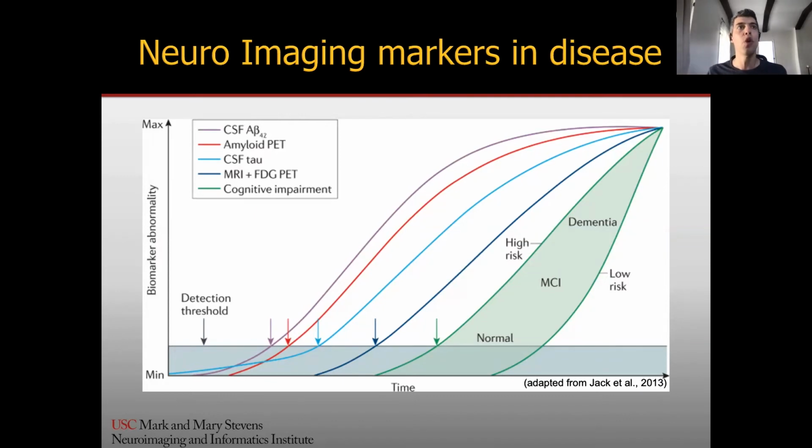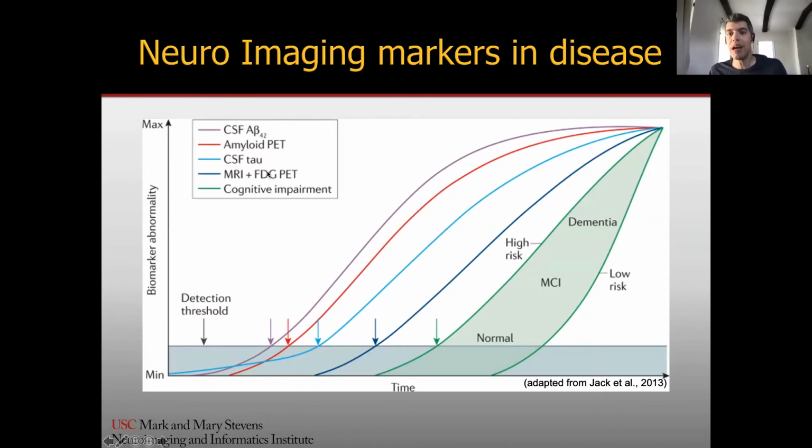I'm not going to go into all of the details of this rather complicated diagram, but the idea is that there is a framework that in Alzheimer's disease we call the ATN framework, that is an agnostic, biomarker-driven classification scheme that relates progression of Alzheimer's disease to biomarkers as those come from PET and MRI studies.